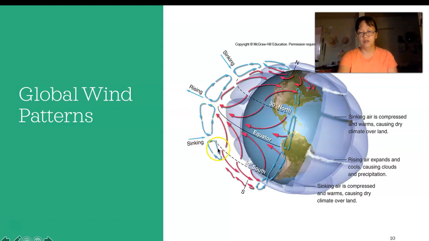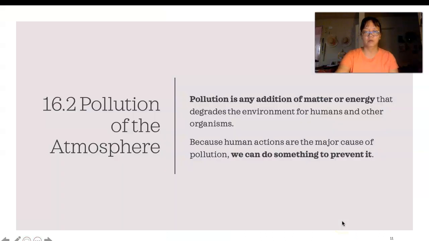So this is constant motion in the local area. But in the global area, because of the sinking, the rising motion, and the spinning of the Earth, the red arrows show the global pattern of the winds. So this is how the winds form. That wraps up the introduction of the atmosphere.